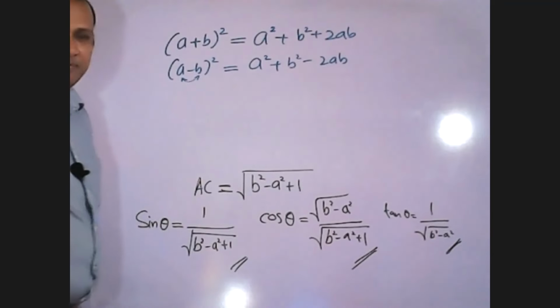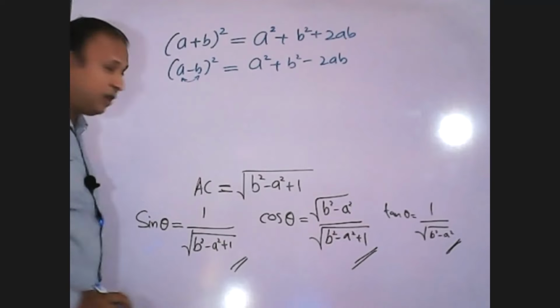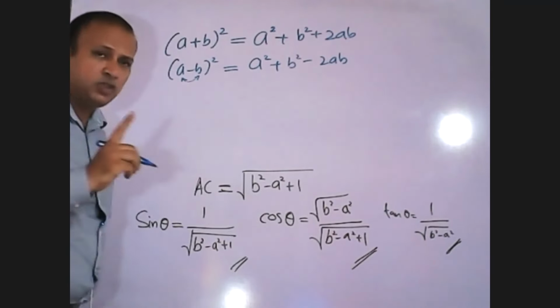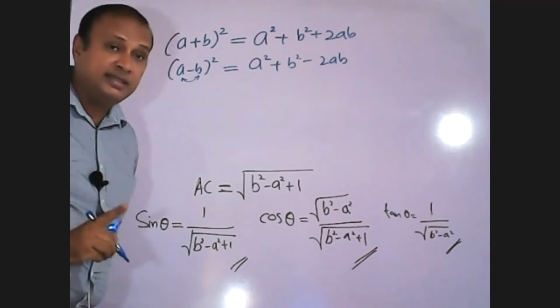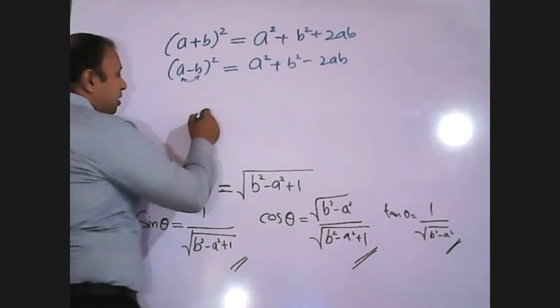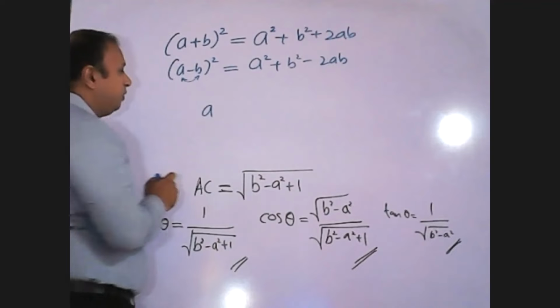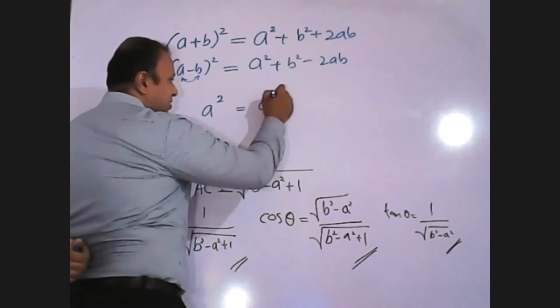The first thing you have to understand is, if you are given any plus value or any minus value, the square is a plus value. That means if you are given plus a to square, your answer is a squared.